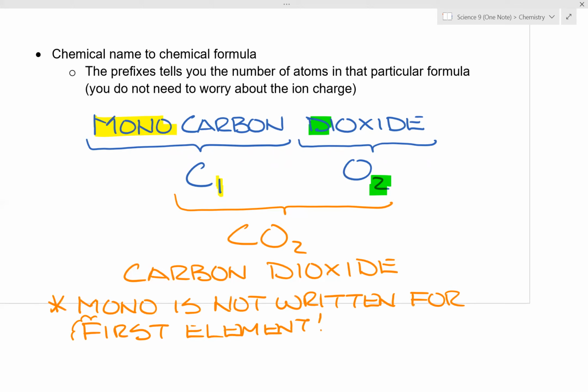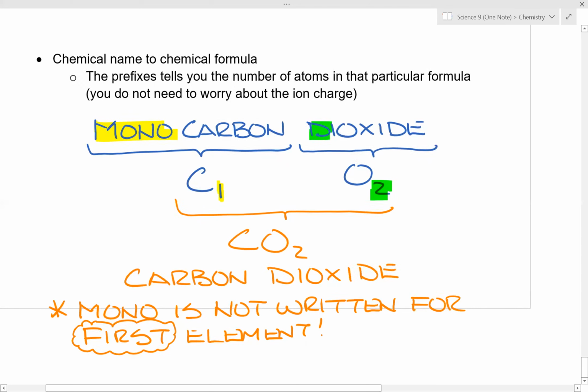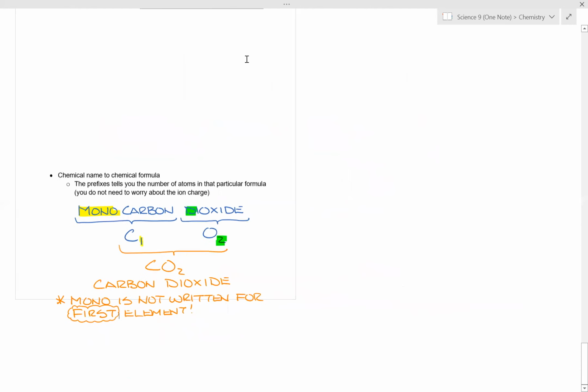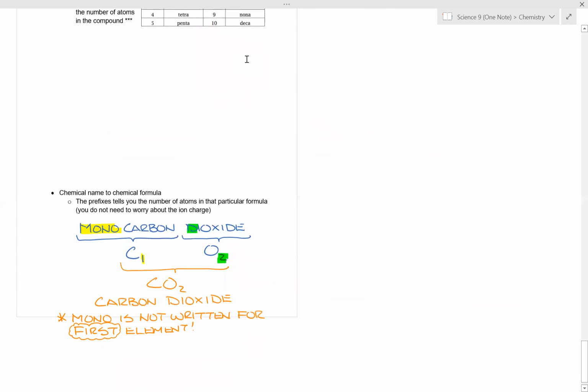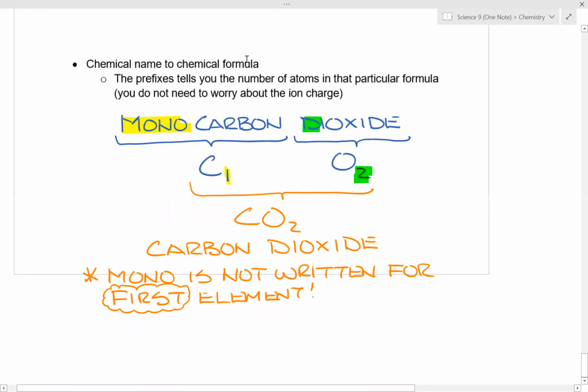And the key word is the first element. You could write it as monocarbon dioxide, and that's perfectly fine. But you can also say carbon dioxide. So for covalent naming, in some ways, it's actually simpler. All we need to worry about is the prefixes.